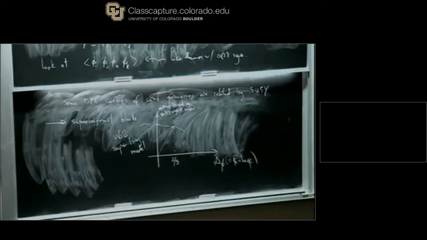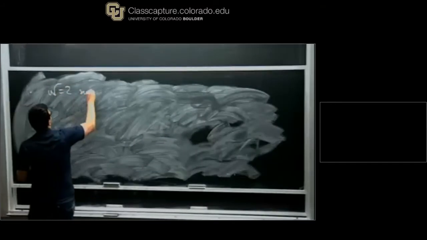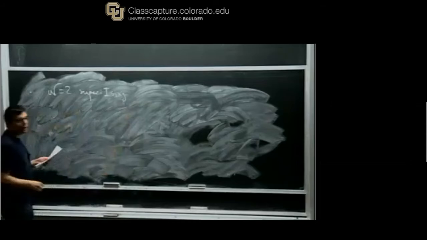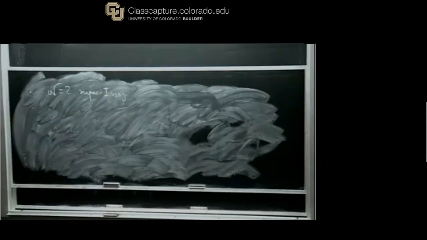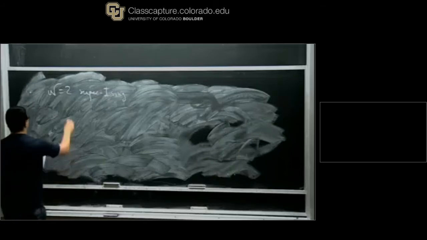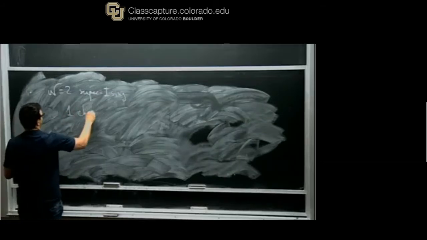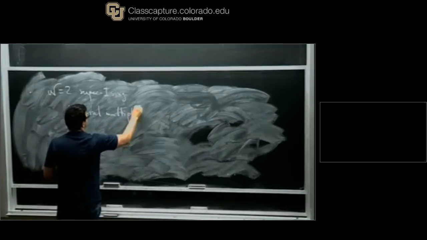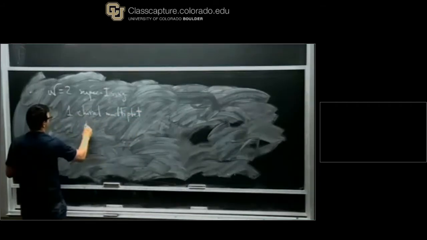So what is the n equal 2 super Ising model? It is the theory of a free chiral multiplet. Well, it's not going to be free. One chiral multiplet, let's just call it phi.